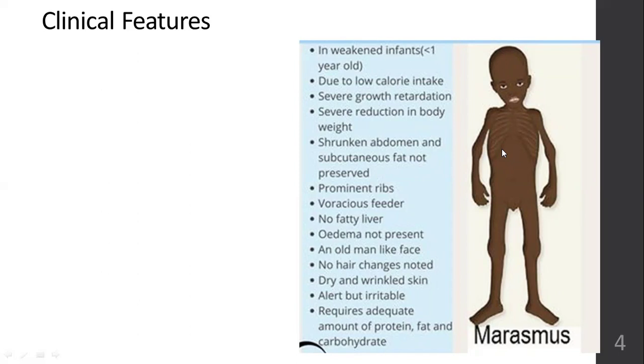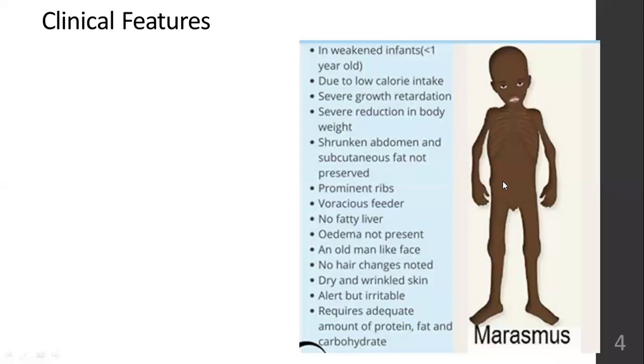Very prominent ribs. The child is a voracious feeder. Child is very hungry. The appetite is a lot in the child. Child eats a lot, but still the child will not put on weight, because when the body reaches this stage of marasmus, the intestine, which should absorb the nutrients, undergoes atrophy.